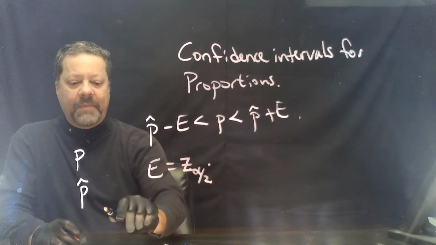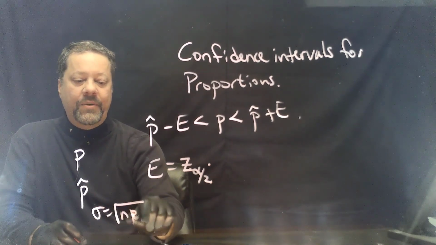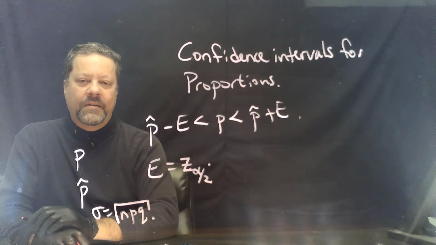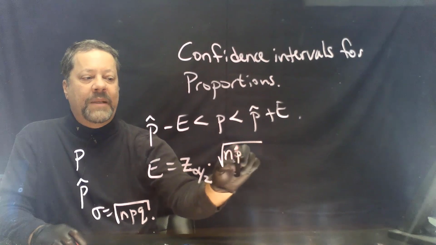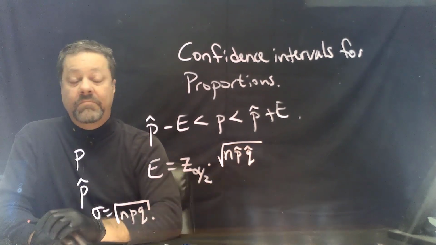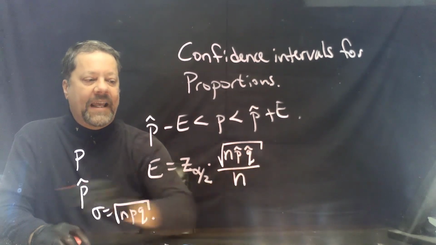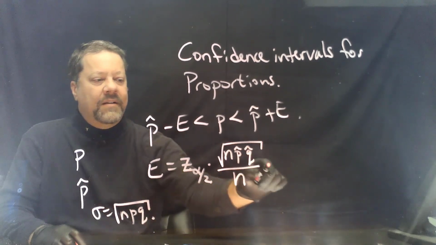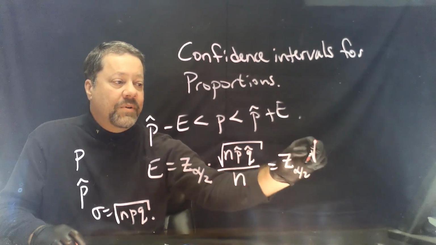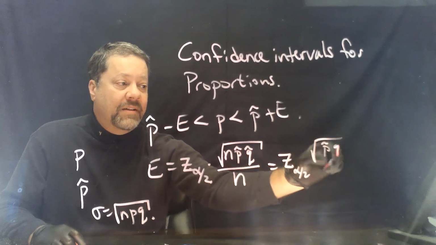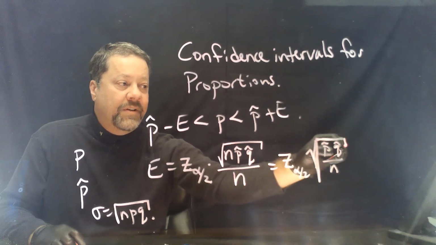You'll recall that in the binomial distribution, the standard deviation was the square root of npq. Here, the best we can do is the square root of n p hat q hat, where q hat is 1 minus p hat. But you have to divide it by n. And so you end up with a margin of error z alpha over 2 square root of p hat q hat over n, where the square root covers everything.